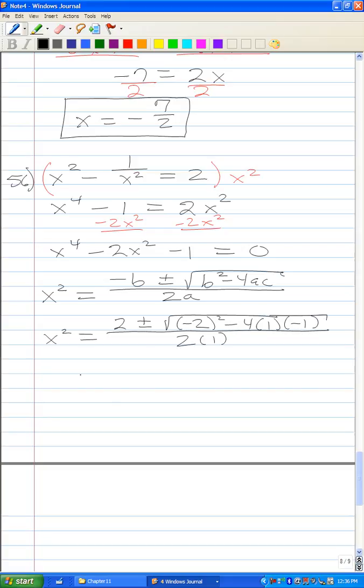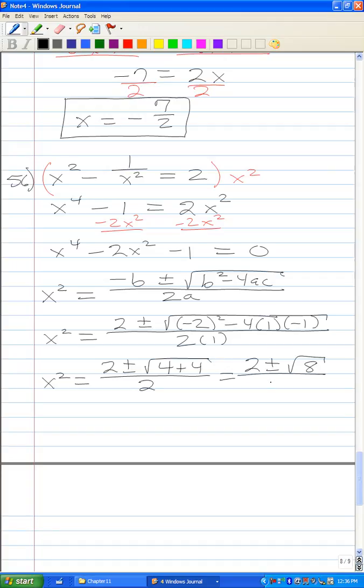So x squared equals 2 plus or minus the square root. Negative 2 squared is 4. Negative 4 times 1 times negative 1, which is positive 4, all over 2. And so 4 plus 4 is 8.